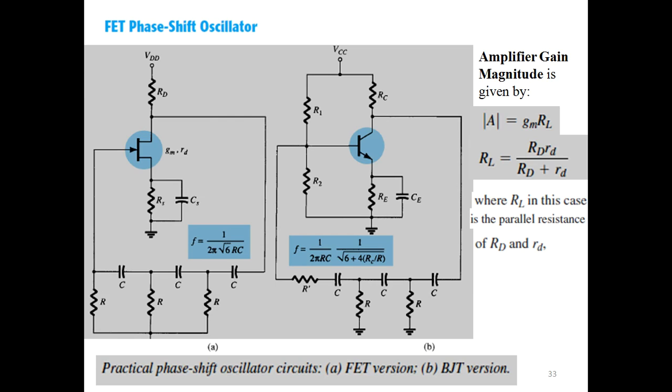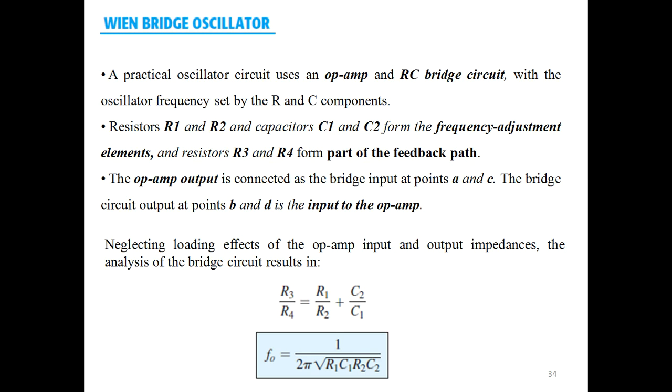The first one is using a FET and the second one is a BJT version, and we focused on the FET version. Then the next type of RC oscillator was a Wien bridge oscillator. Okay, so here we have a greater number of resistors and capacitors, so nicely arranged that they form a bridge kind of network, wherein the combination of resistors R1 and R2 and capacitors C1 and C2 form the frequency adjustment elements, and the resistors R3 and R4 form the feedback path.